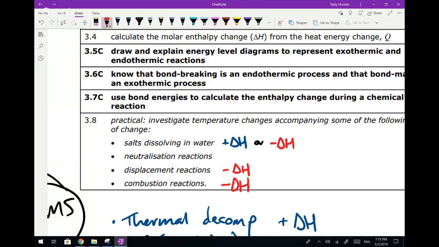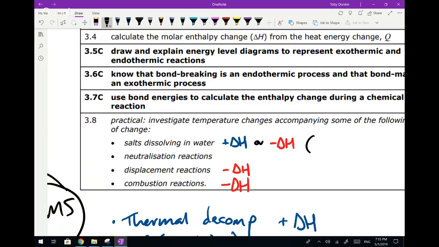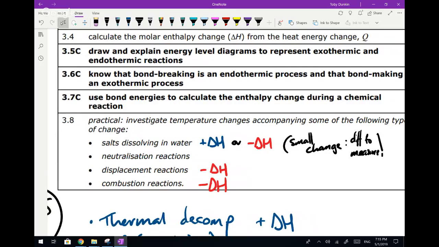So endo or exo, and they're also very small changes. What that means is a small change, difficult to measure. Adding salt to water is a very difficult heat change to measure. Most thermometers will not be able to measure that temperature change. You'd have to use a digital thermometer. Most alcohol or mercury-based thermometers simply won't show that temperature change.